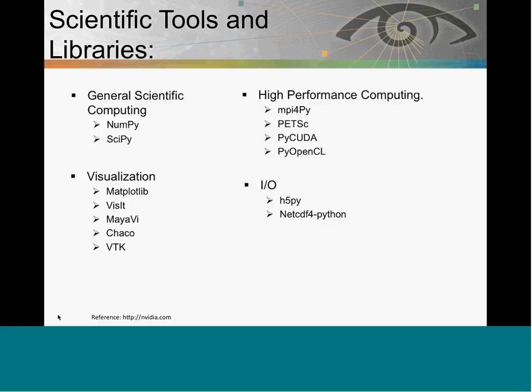So here are the general scientific tools, all available in Python. Really popular ones are called NumPy and SciPy. NumPy provides the array object, and with this you can do so many operations like dense matrix multiplication, matrix algebra operations, sparse matrix algebra operations, Fourier transformations, and so on.